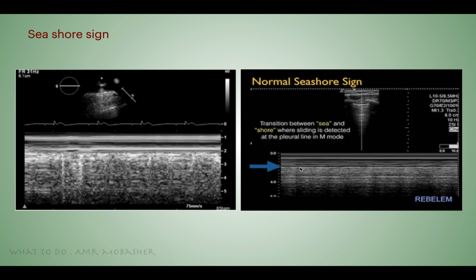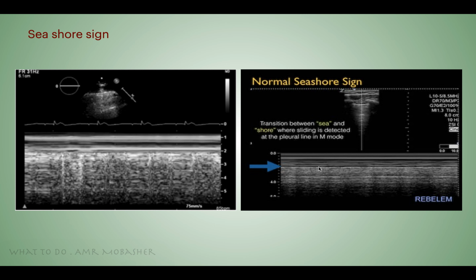This is another example. The pleural line, hyperechoic, is in between two distinct parts: the muscular part, which is the sea, and the lung, which is moving with respiration, inspiration and expiration, which is the sand. So this is the seashore sign.